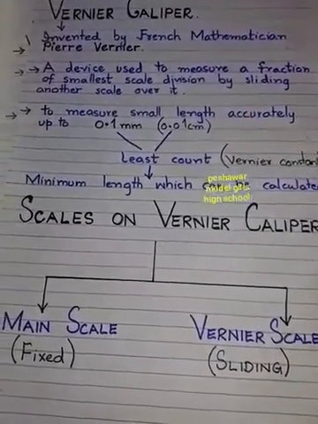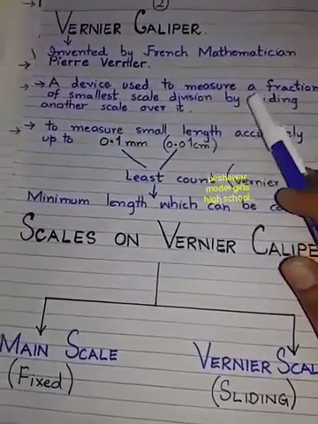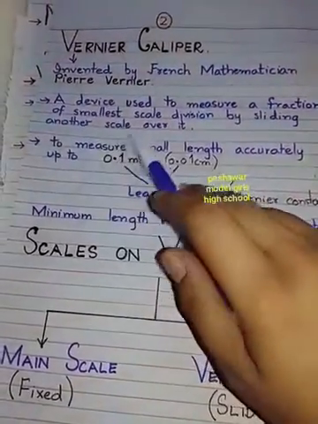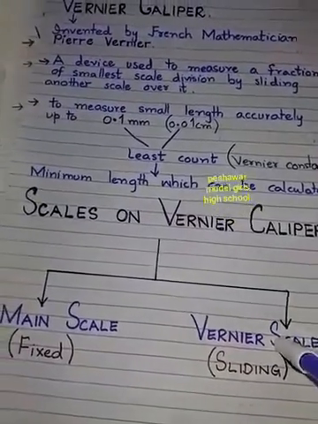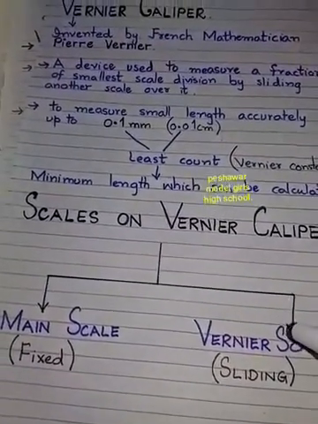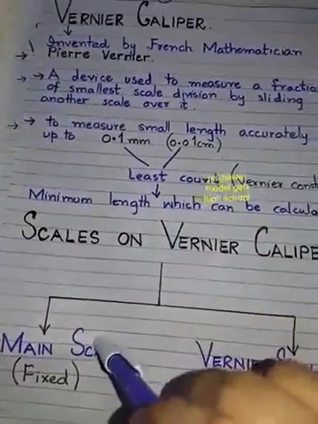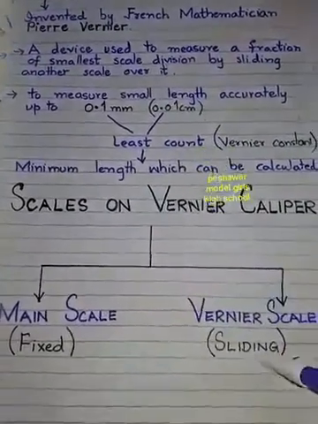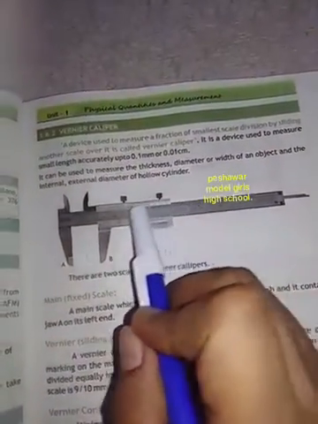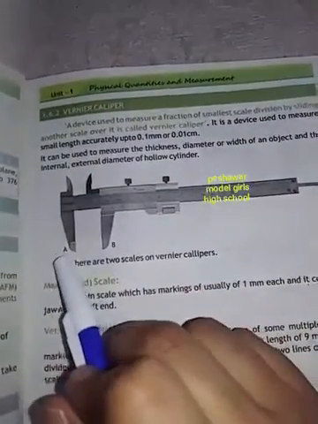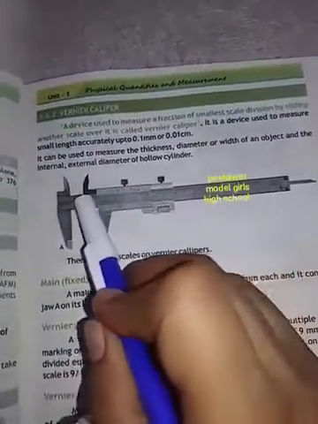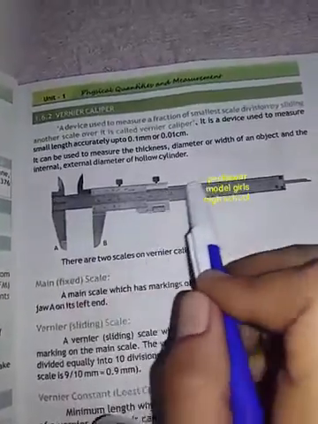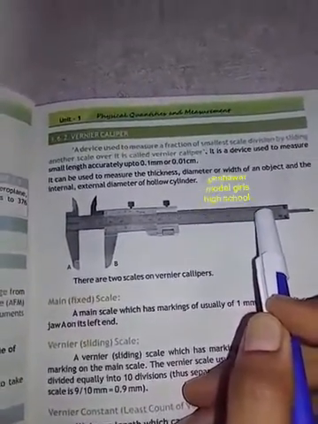As I told you in the definition, by sliding another scale over it, it means the vernier scale is movable, so it can slide on the main scale. In the figure, this long rod connected with jaw A is known as the main scale.